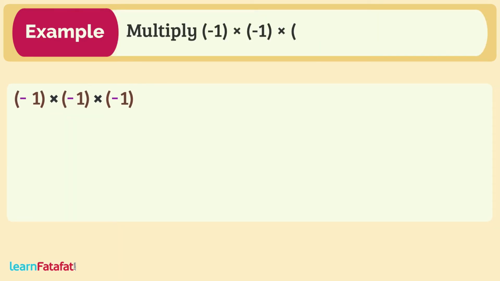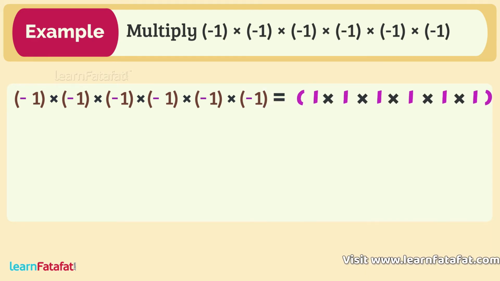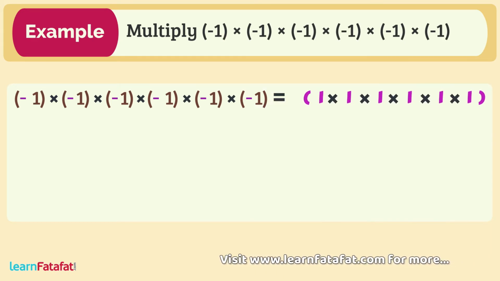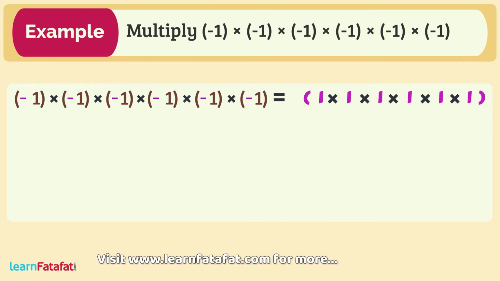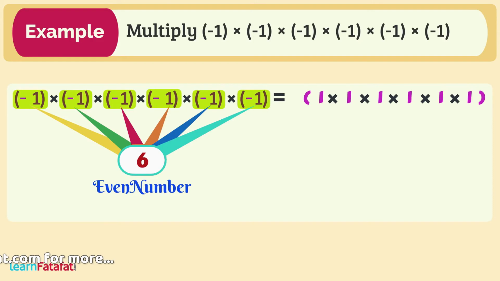Example, multiply -1 into -1 into -1 into -1 into -1 into -1. The given multiplication can be written as product of integers without sign. Count the number of negative integers. These are 6. 6 is even, so give positive sign to the product.